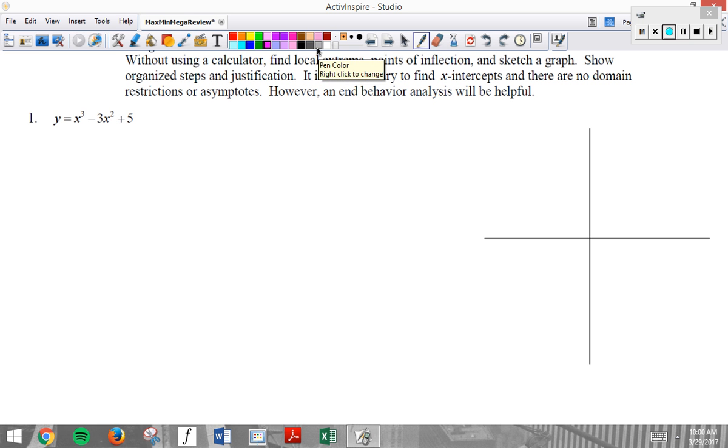Again, you should be pausing it and trying it out. There's no domain restrictions or asymptotes. Just go for it. y prime. Factor.